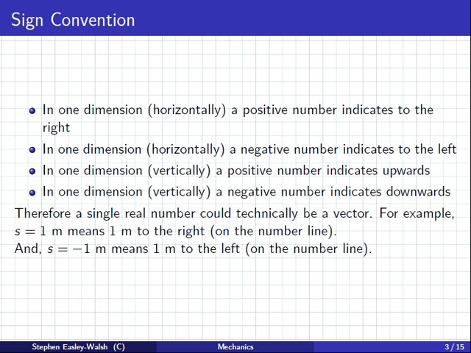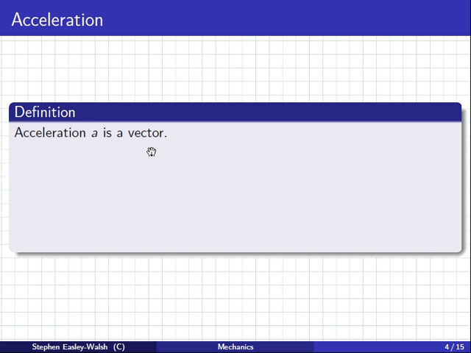Okay, let's continue. So, next we need a definition, and I wonder if anyone knows this definition. Does anybody know the definition for acceleration? Do you know this word, acceleration? Yeah? The change rate of the velocity.